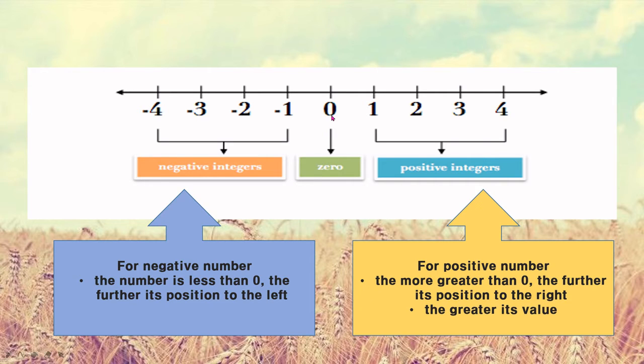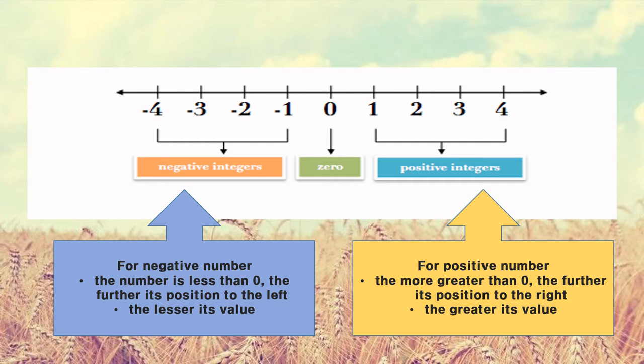When we compare 0 and negative 1, which one is smaller? Negative 1 is smaller. When we compare negative 2 and negative 4, which one is smaller? Our negative 4 will be smaller. So the further the position moves to the left, the lesser is the value. Semakin ke kiri, semakin kecillah nilai nombor tersebut.